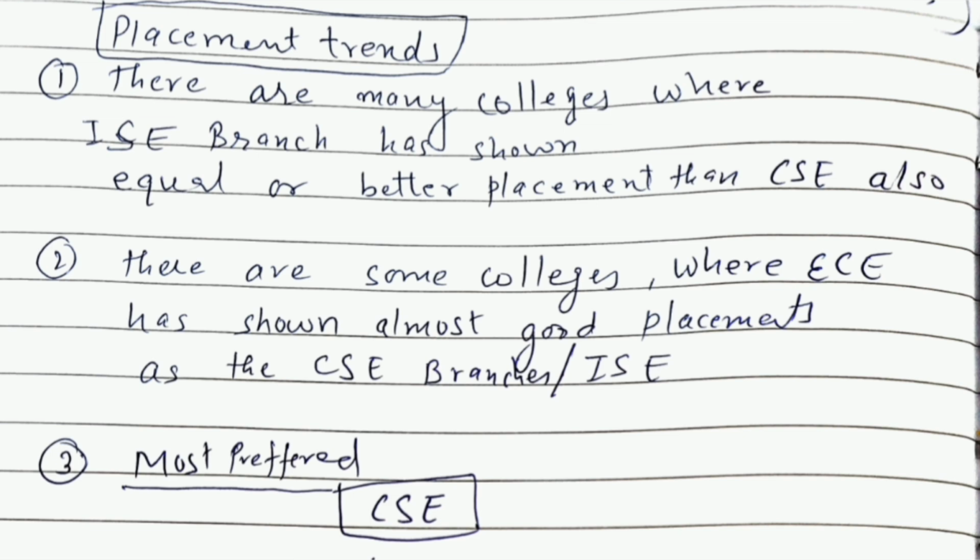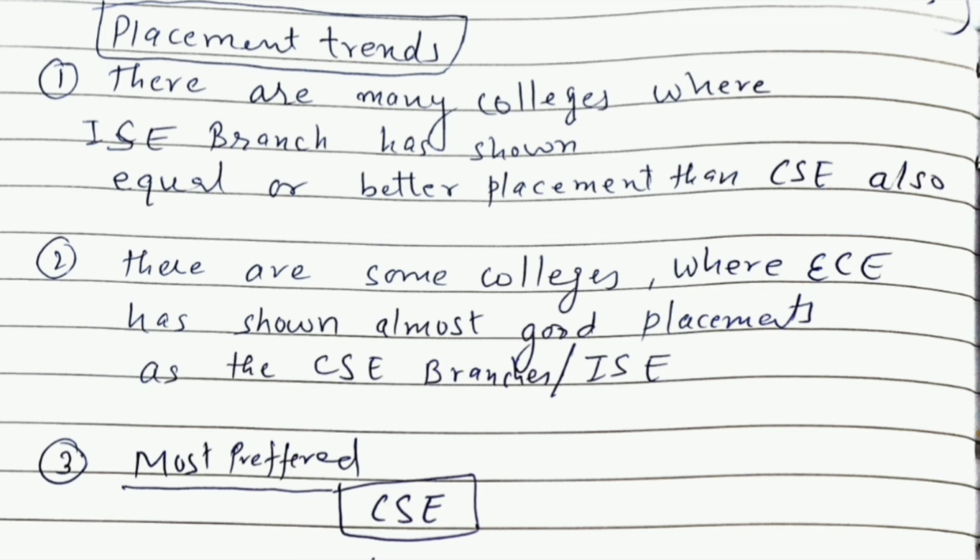CSE, ISE, and ECE, these three branches have been there for the last 20, 25, 30 years, right? That is one trend I have seen. And in some colleges, ECE placements are also as good as the CSE or the ISE placements. That is based on the trends which I have seen. But obviously, the most preferred branch as of now is CSE core, right?